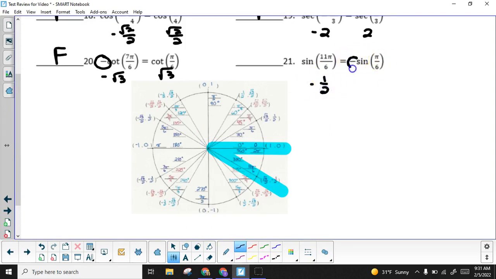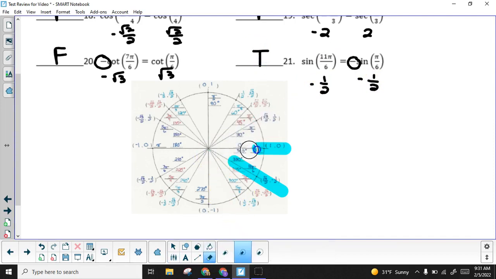And the opposite of the sine value of pi over 6, so pi over 6 here has a sine value of 1/2. But remember, this negative out front says if the sine is positive 1/2, we're taking the opposite value, so this side is now negative 1/2. We're comparing our left side of negative 1/2 and our right side of negative 1/2. They are the same, so this is true.